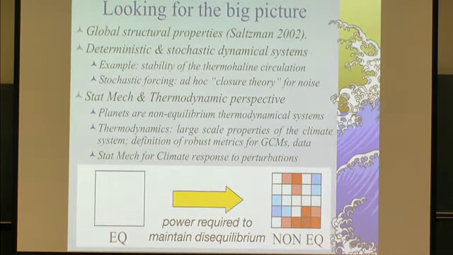Somehow, the point, I think, is that one way to try to give a consistent description of the climate dynamics is to try to construct some thermodynamics out of it.